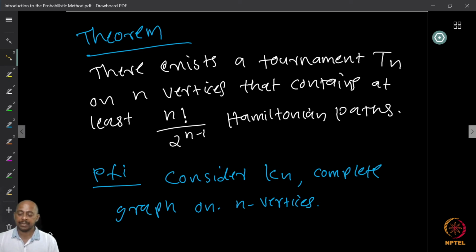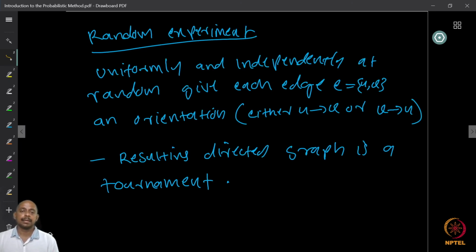So we do it here also. We start with the complete graph, and uniformly and independently at random give each edge an orientation, U to V or V to U. Now the resulting directed graph is of course a tournament, because all the edges have been oriented.